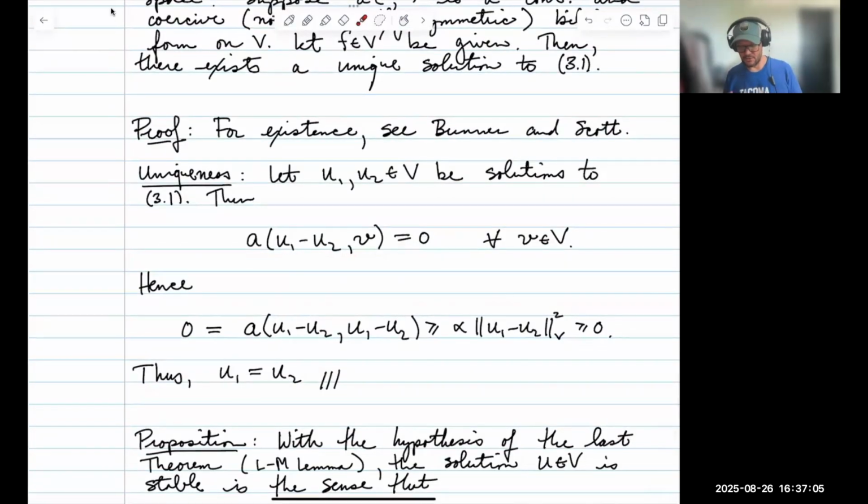If I subtract those two equations, where I have the solutions u1 and u2, and use the linearity of A in its first argument, I immediately get this statement.